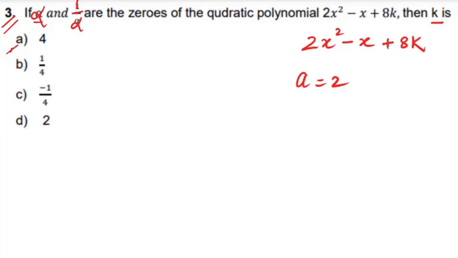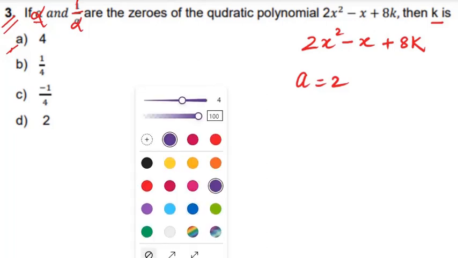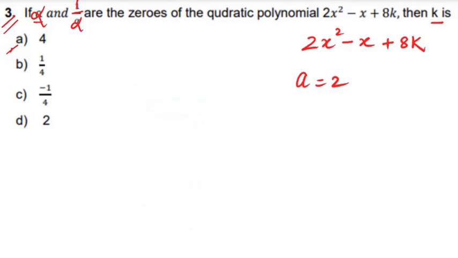The coefficient of x is b, which is minus 1, and this is c, 8k. We are given the two roots alpha and 1 upon alpha.